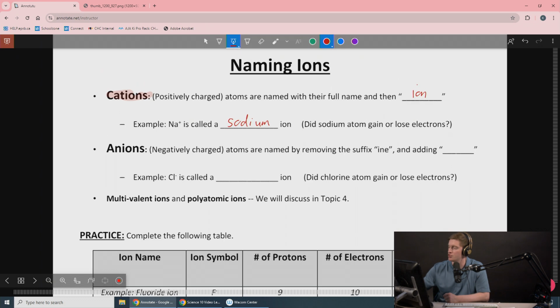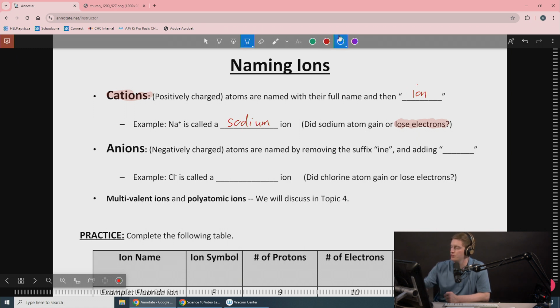It doesn't have any change to the name sodium, it's just the sodium ion. If sodium became a positively charged ion, it had to have lost electrons. Most metals in general lose electrons to form cations. Remember, electrons are negatively charged.